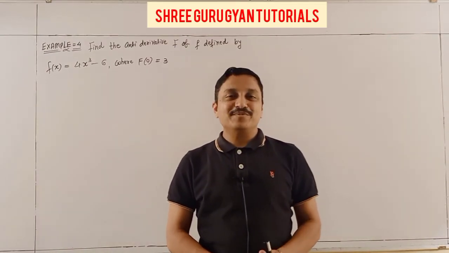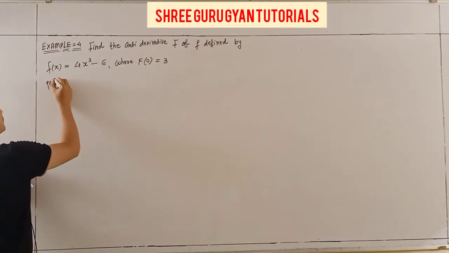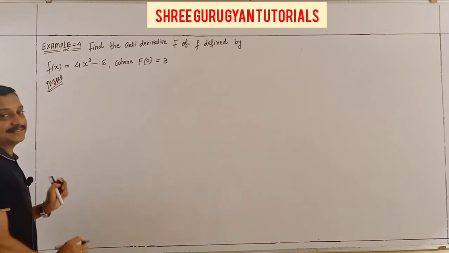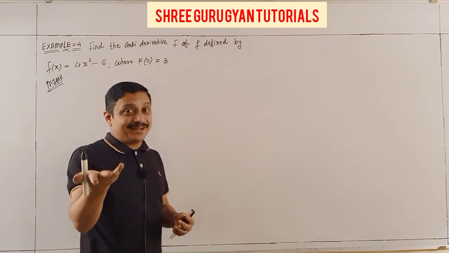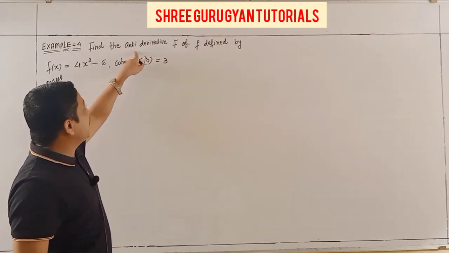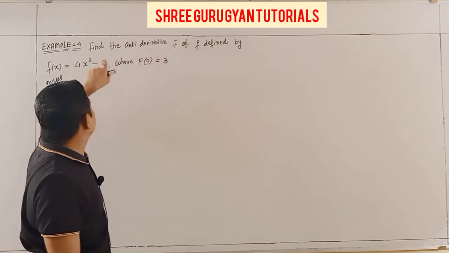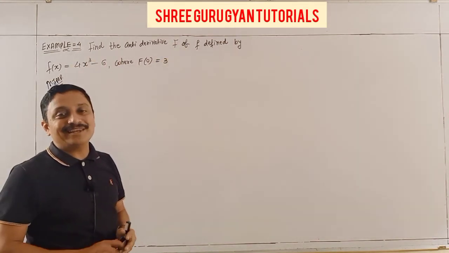Now students, time is coming to IMP questions. It's the same as I already explained in the most important numericals related to our exercise 7.1, and this is example number 4. Find the antiderivative F of the function f defined by f(x) given as 4x cubed minus 6.